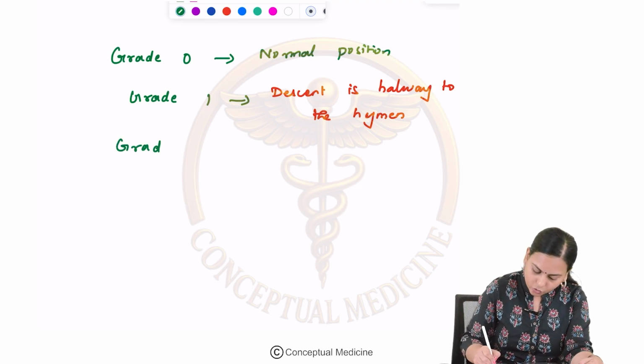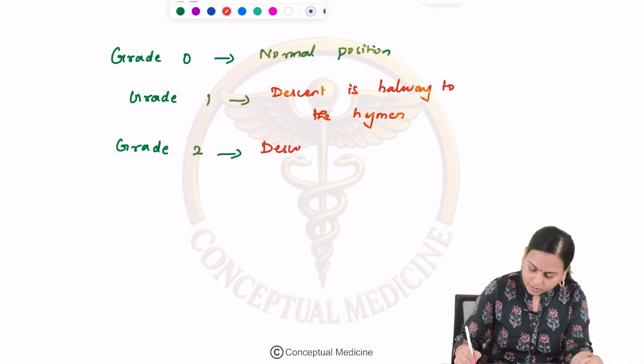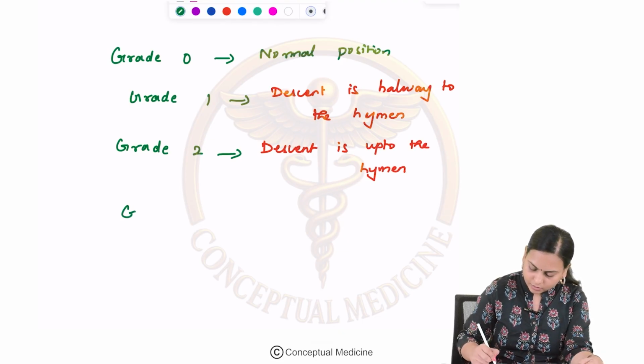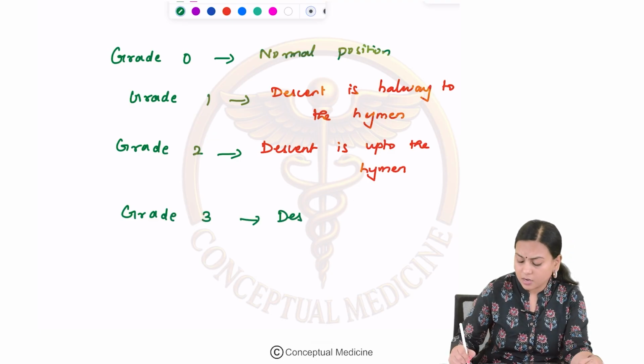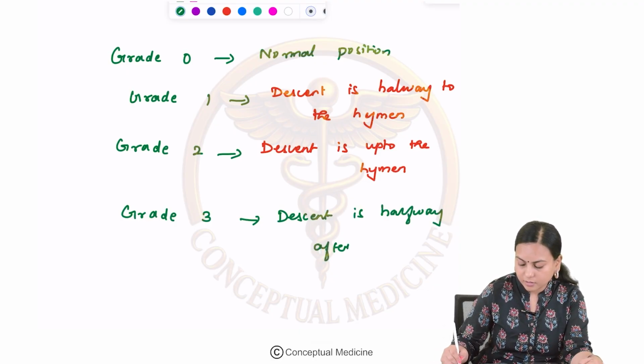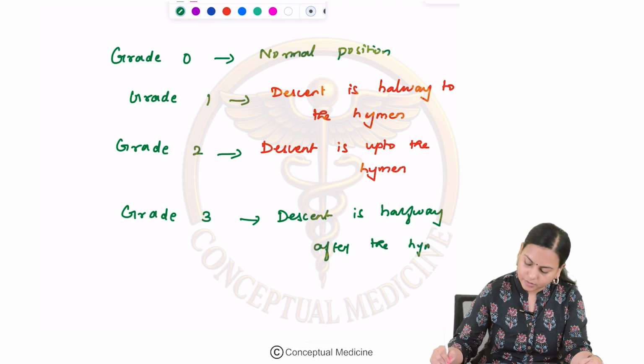Then grade 2 means descent is up to the hymen. And then grade 3 means the descent is halfway past the hymen.